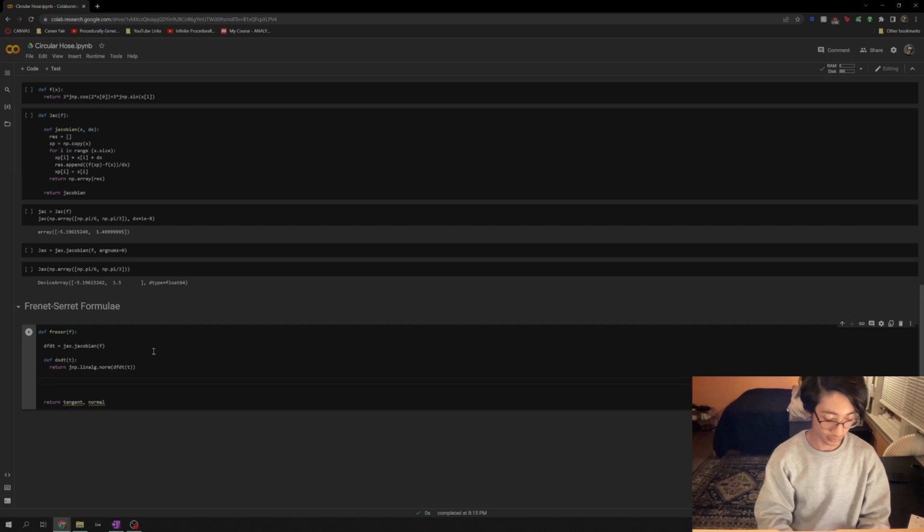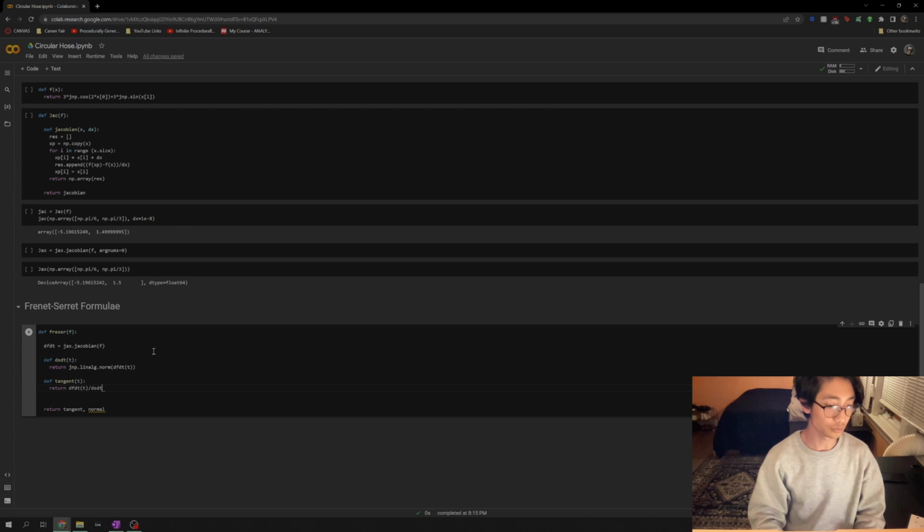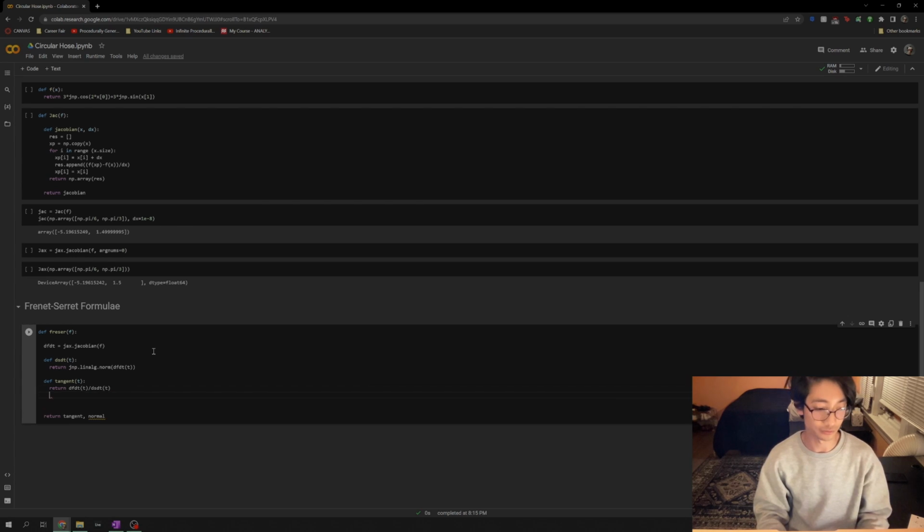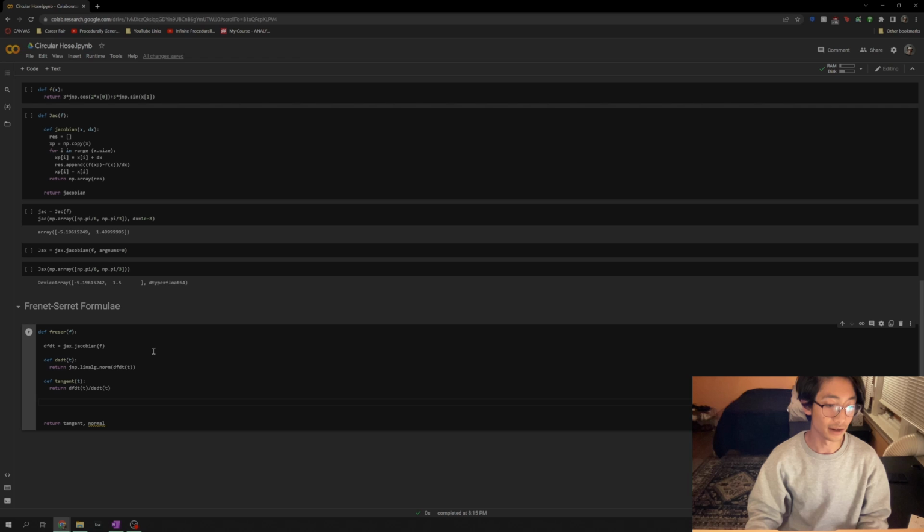And then for our tangent, I would write def tangent, and this will take time as an input as well, and this will return to us df_dt, which takes time as an input, and divides that by ds_dt, which also takes time as an input. So that will give us our tangent in a normalized form, because we're dividing it by the magnitude, so we get the unit vector.